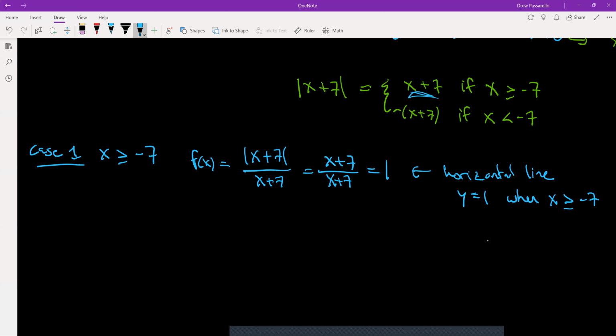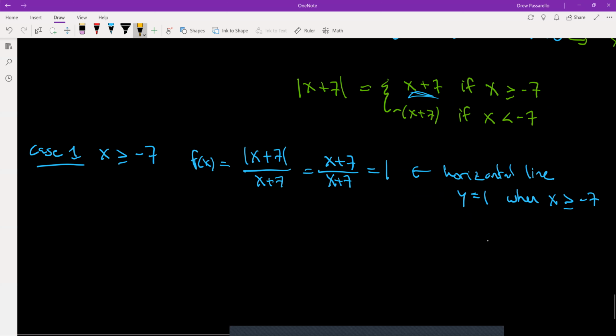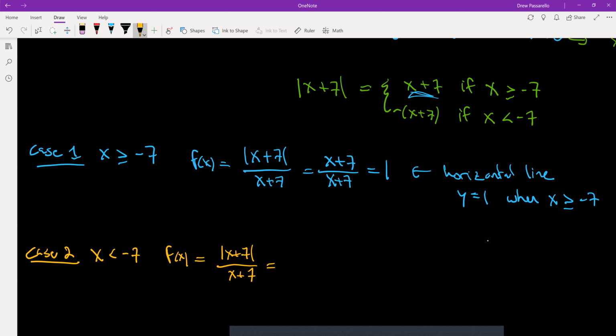Now the second case, let's say I do a different color for that. I'll do yellow. In the second case, that's for when x is less than negative 7. So based on our definition, this will be equal to negative parentheses x plus 7 over x plus 7.